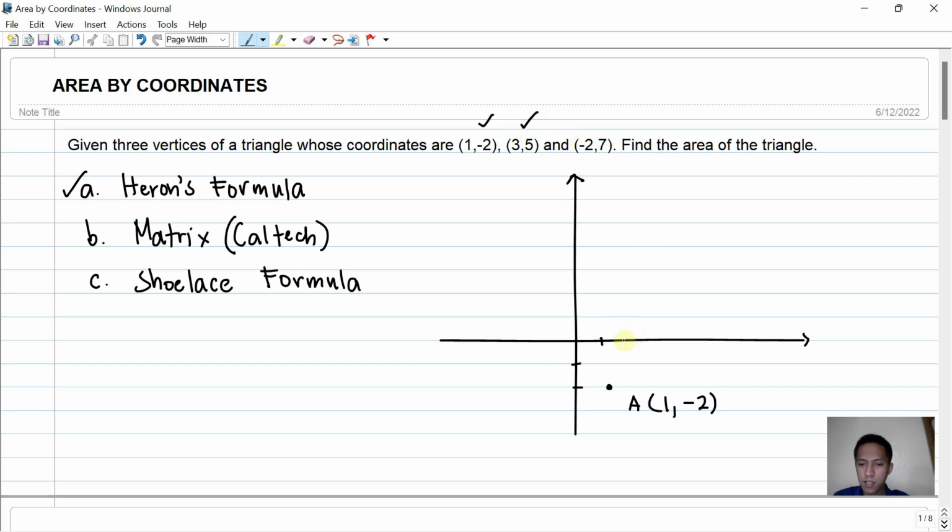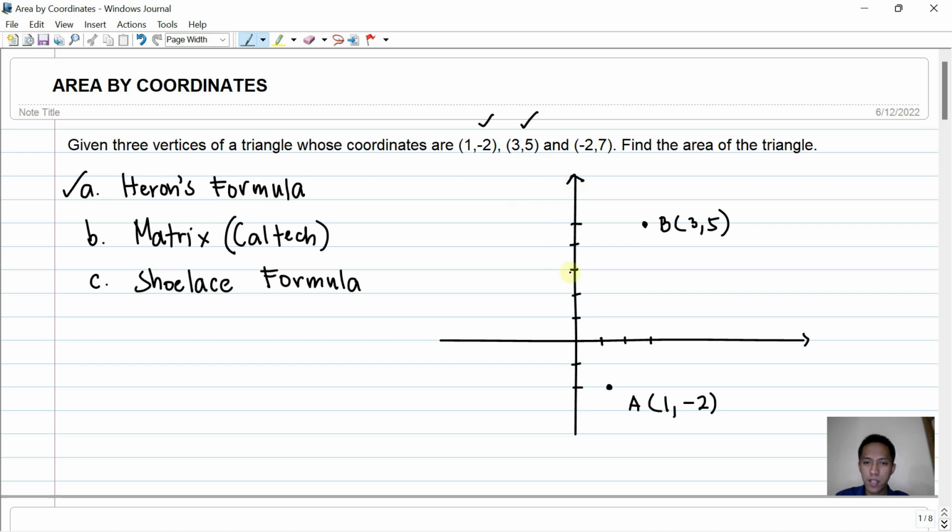So plot natin sa x-axis, that is 3. And in the y-axis, that is 5. So 1, 2, 3, 4, 5. So positive, guys. So the point is here. So that is, say, point B, that is (3, 5). And for the third point, that is (-2, 7).